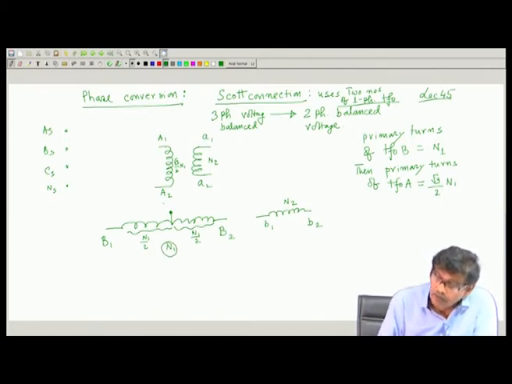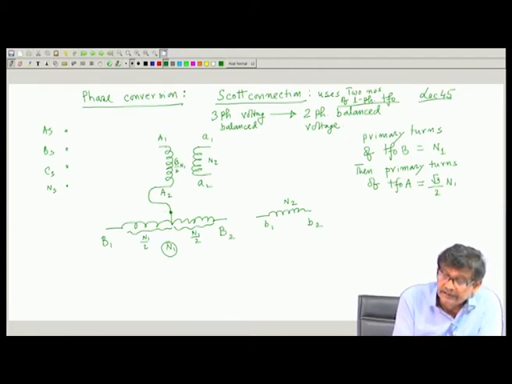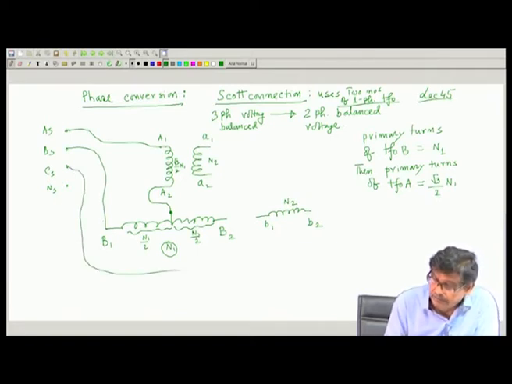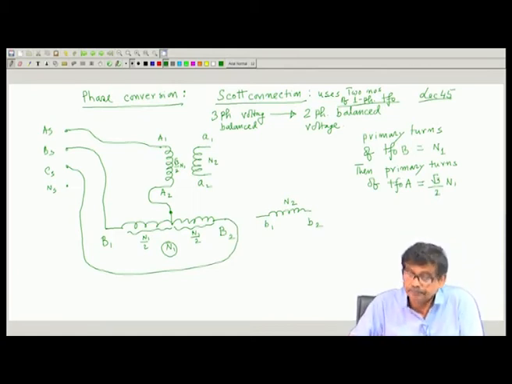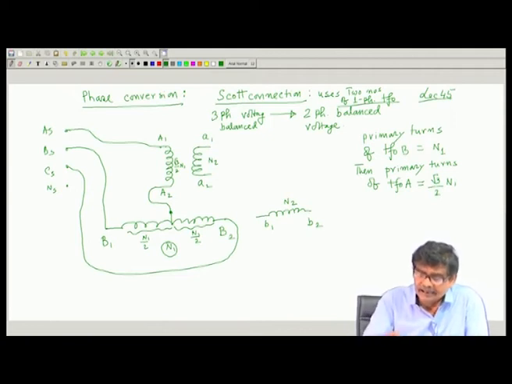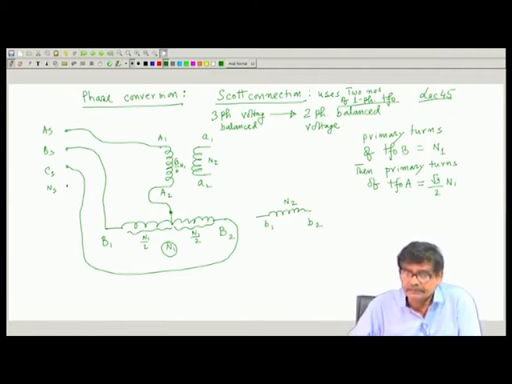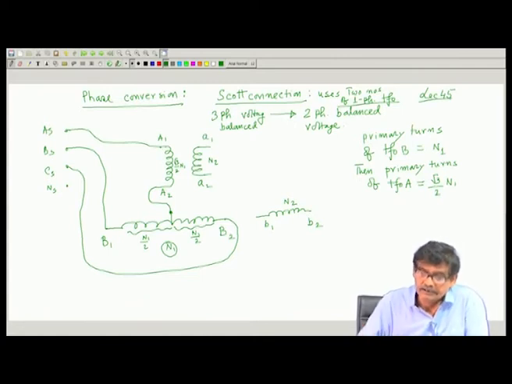Now, what you will be doing is this, A 2 you join it here with this 50% tapping, and this I will connect to supply A 1, say this I connect to B 1 and this I connect to B 2. Suppose I connect like that, and secondary I have not connected anything, it is just isolated and left like that.